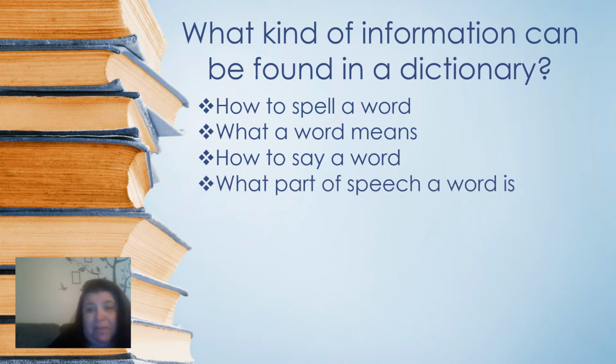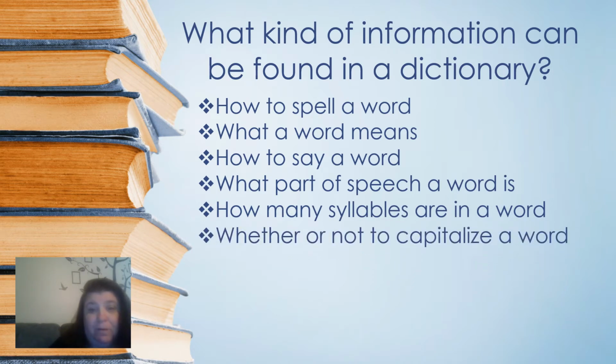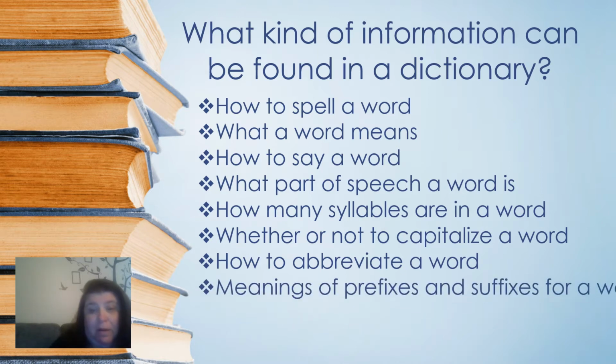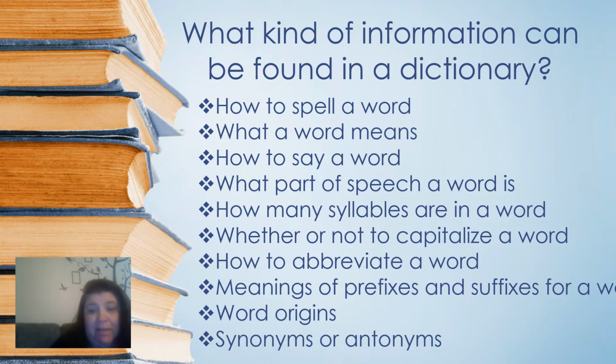It'll tell you what part of speech a word is, how many syllables are in a word, whether or not you should capitalize a word, how you can abbreviate a word or abbreviations for the word, meanings of prefixes and suffixes, word origins, and synonyms or antonyms. Those are just some of the uses of dictionaries.